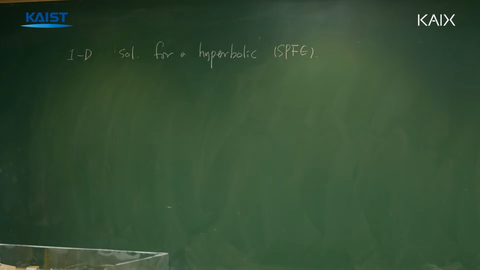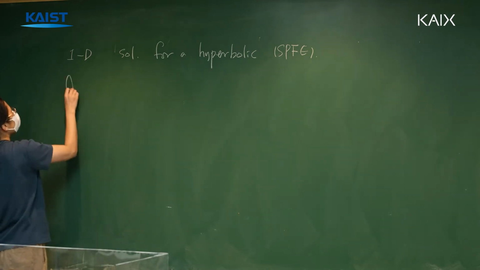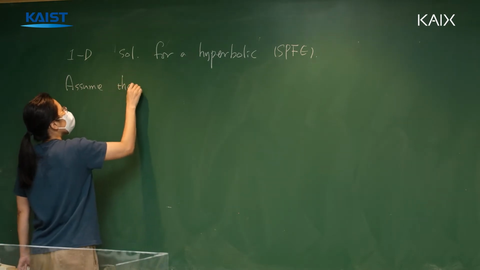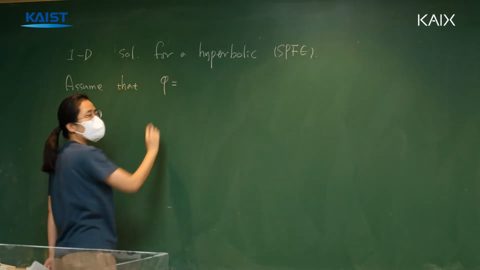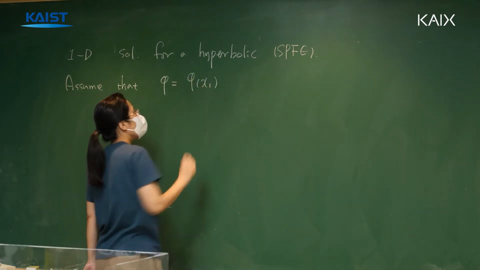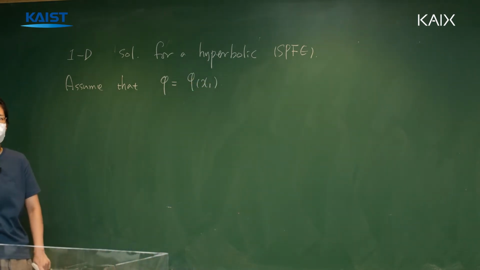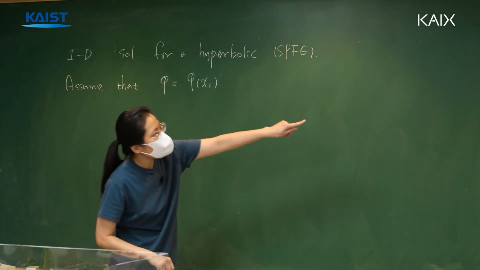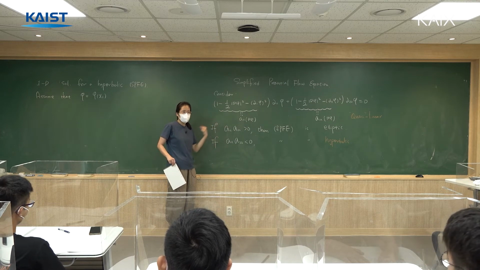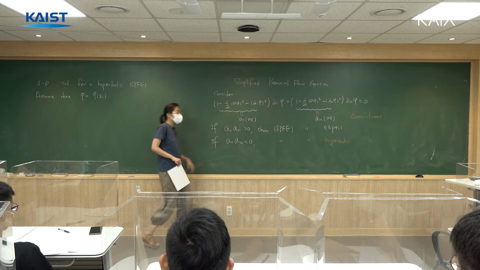So for that, now I'm going to assume that the potential function phi depends only on x1, okay? And then I'm going to compute the one-dimensional solution for that equation so that it satisfies this condition, which will give us the hyperbolic equation, right?